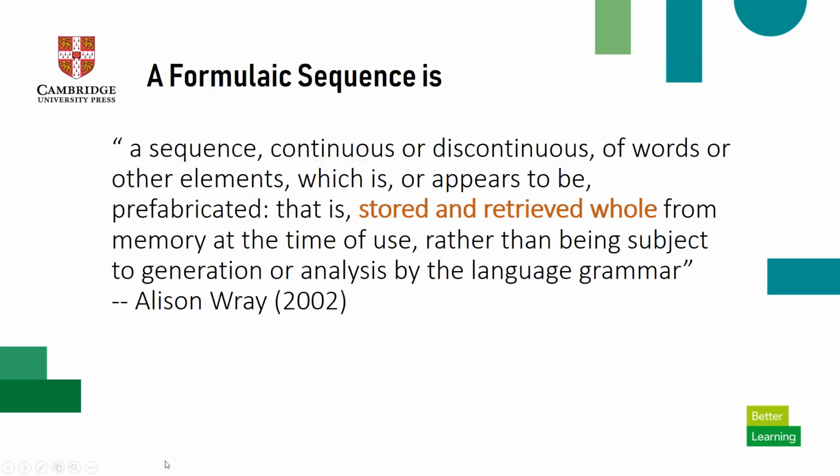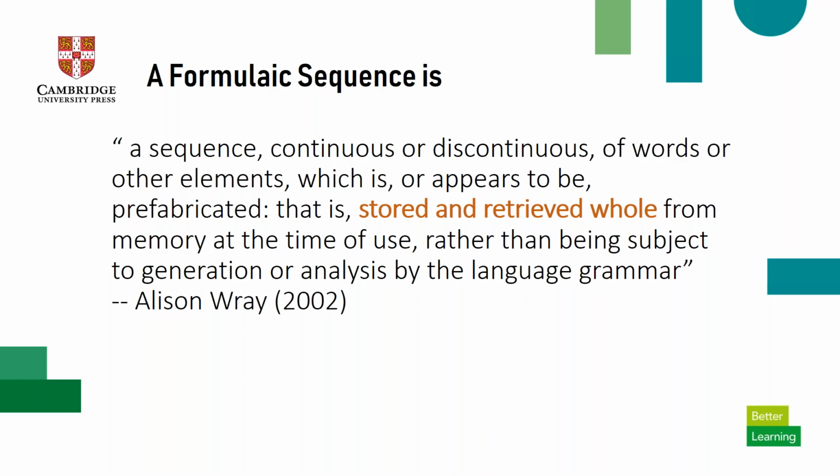A formulaic sequence, and we have to talk about this term too, is like a collocation that has grown so common and so strong that it actually has formed a new vocabulary item. It's no longer just two separate vocabulary items traveling together. It's actually a new vocabulary item on its own.